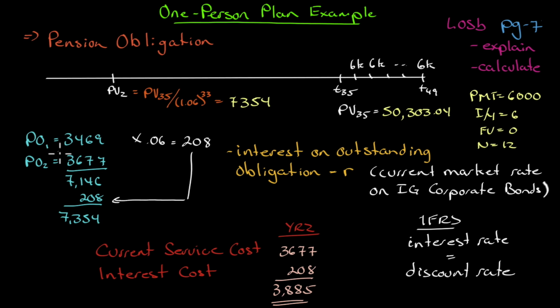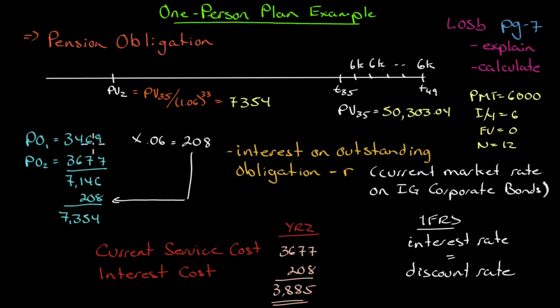But we calculated the pension obligation at the end of year 1 as $34.69. And at the end of year 2, we said for year 2 it was $36.77. That only adds up to $71.46. How did we get to $73.54? Well, when we discount back, what we're implicitly saying is that if we're discounting back at 6%, whatever we owe, we're going to put this money aside in a plan that's going to grow to this future obligation.